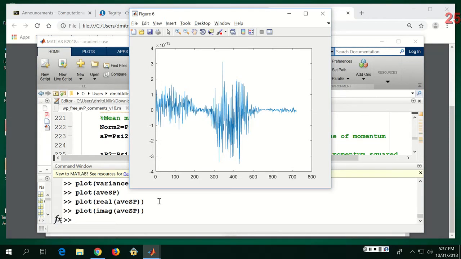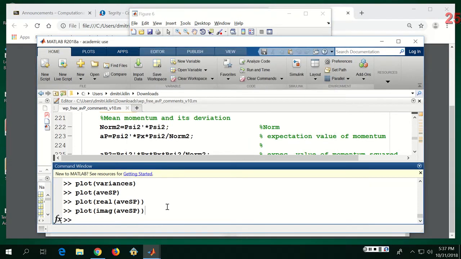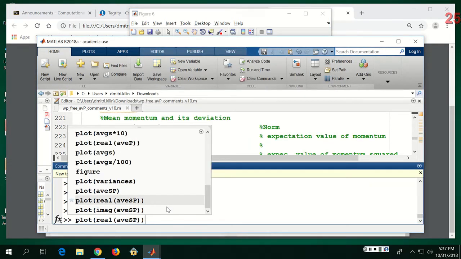It is multiplied by 10 to the minus 13, so it is negligible, but it screws up because each variable is two-dimensional. One axis is real and another axis is imaginary. Here we need to focus only on the real part.